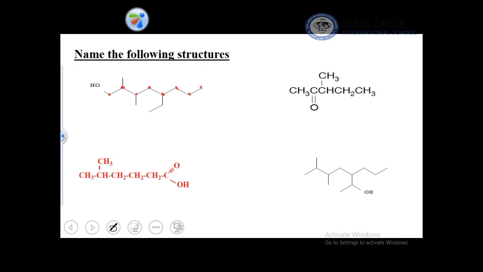On carbon number 5 there is an ethyl group, so it will be 5-ethyl, 2,3-dimethyl. You have to specify the position of the OH group. It's on carbon number 1, so 1-octanol.